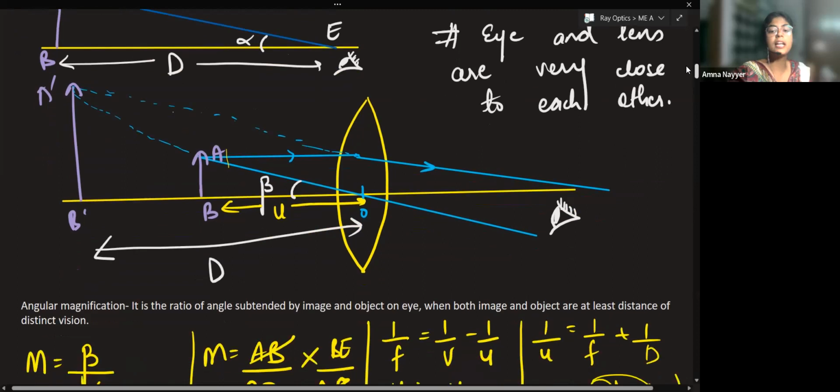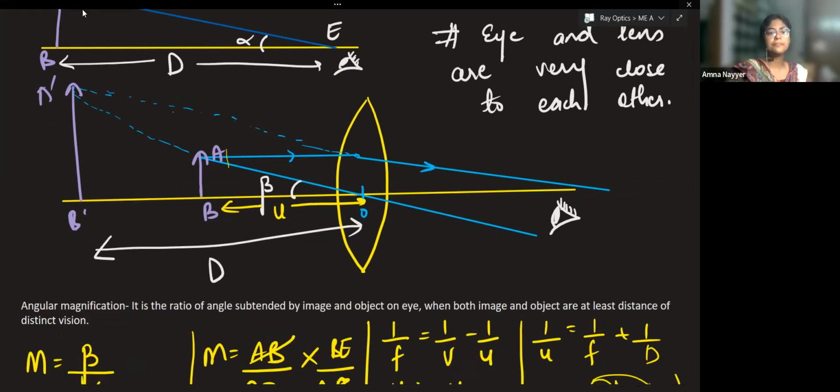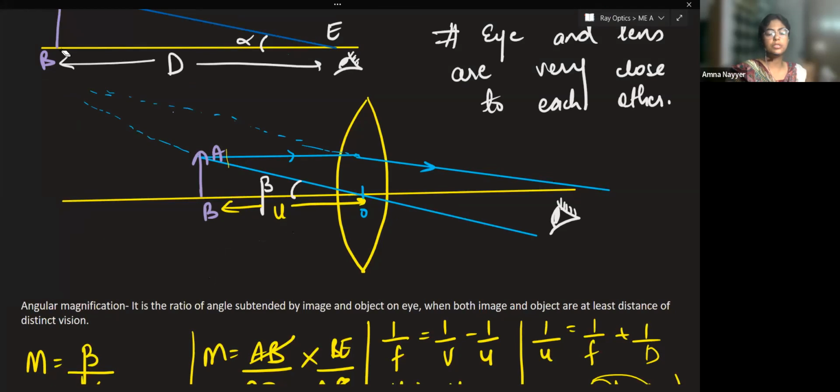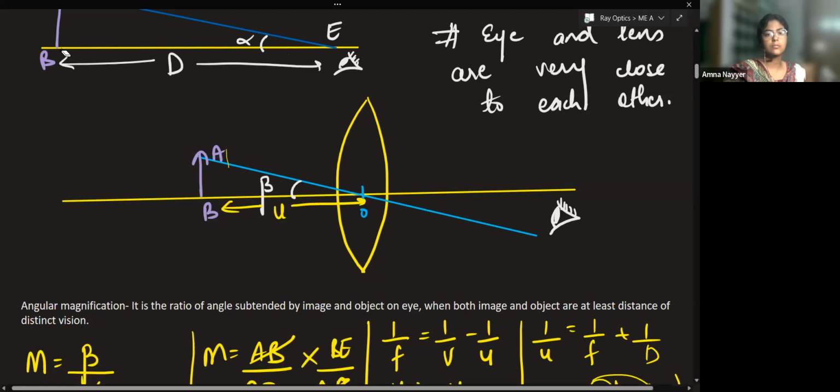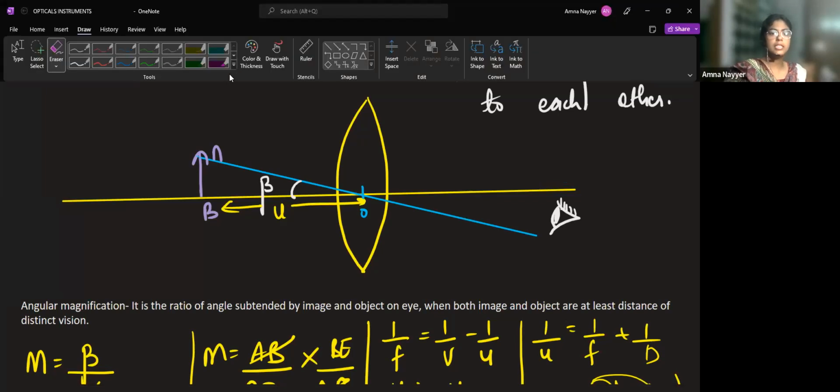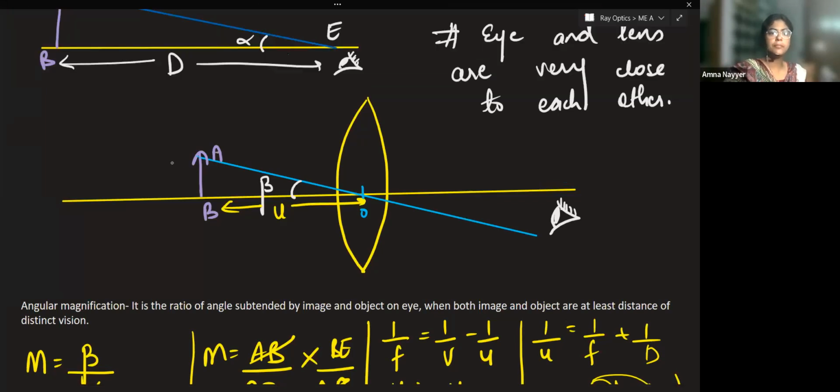But in the ray diagram, you will not have the image formed at the least distance of distinct vision. This will not be there. See here you have the object AB. One ray will pass through the optical center.